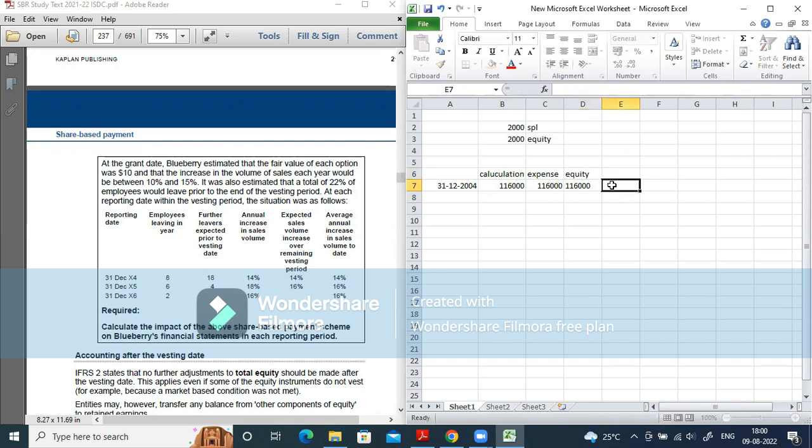Let me know if you have any query on this. Is it clear for 31st December 2004?